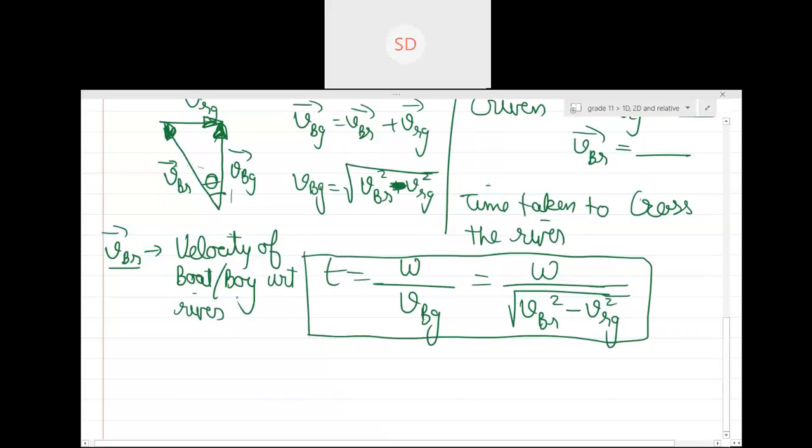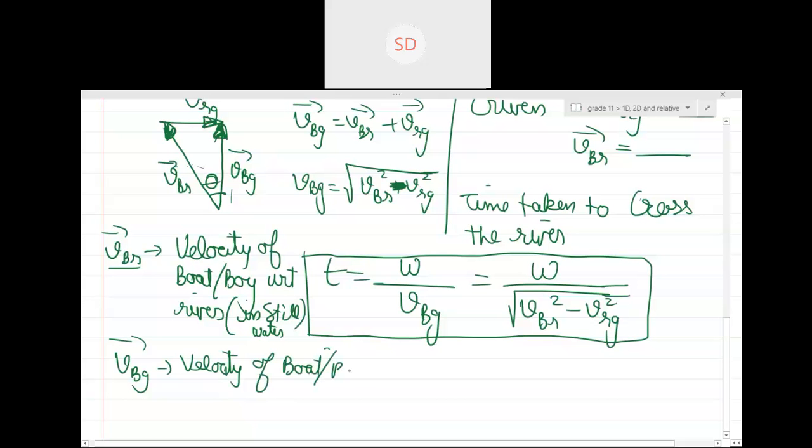Either they will say it like this or they will say still water. What is VBG? VBG is basically the velocity of boat or buoy with respect to ground.